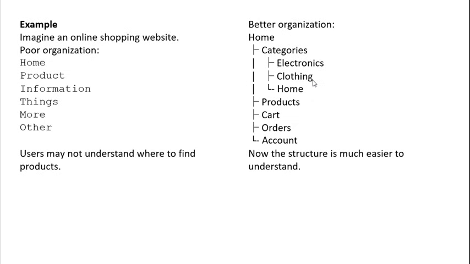Then product selection, cart, payment and order status. And the user account information like name, email, mobile number and address. Now the structure is much easier to understand.